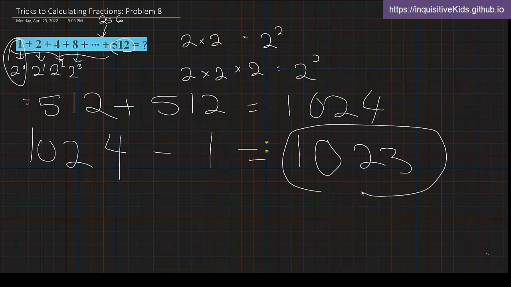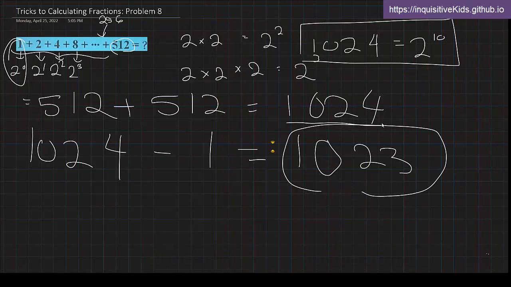And 1024 actually is a more important number here, because in lots of problems moving on, 1024 is a very important number that comes up again and again. Do you know why? Because 1024 is exactly 2 to the 10th power. That's why it's so important.